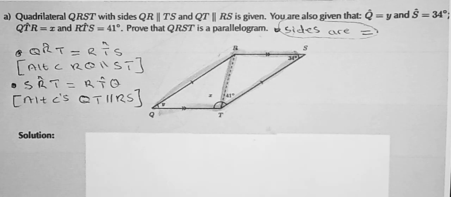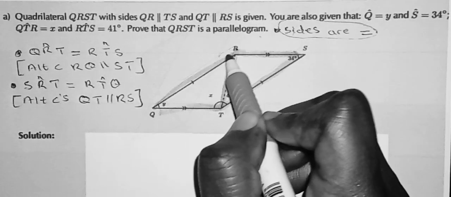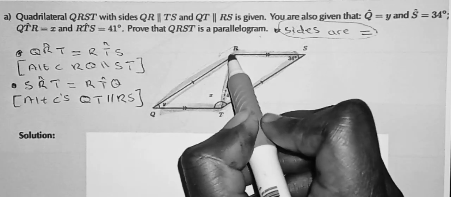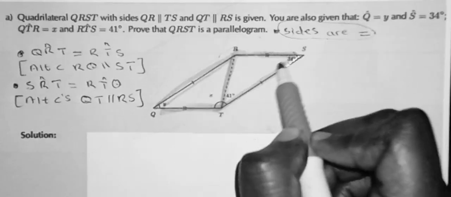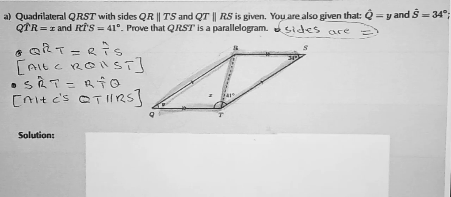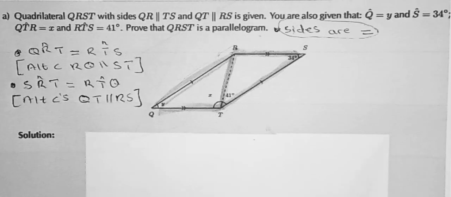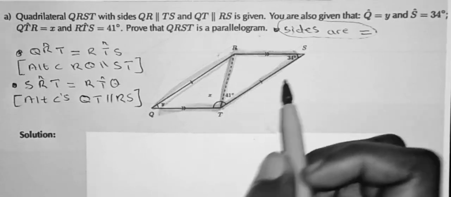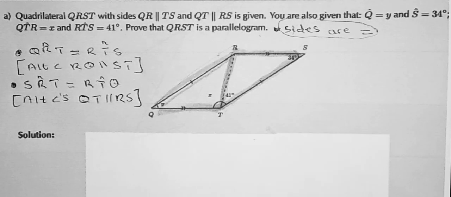So another thing, I can see two triangles, which is this one, and also another triangle, which is this one. So how do I prove this triangle? I'm going to prove the congruency of the triangles. I can see that RT is equal to RT. The reason will be common side.